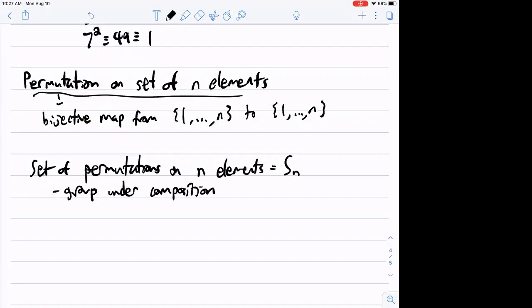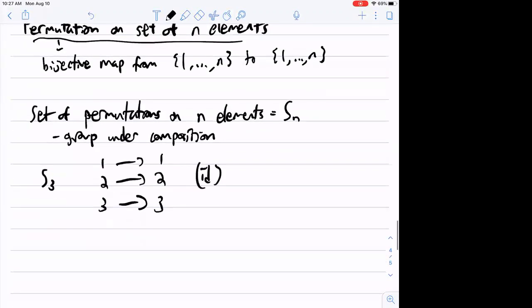So let's see S3, right? 1, 2, 3, and 1, 2, 3. What are all possible bijective maps? I can send this to this, this to this, this to this. So this is the identity, and I better have an identity or else it won't be a group.